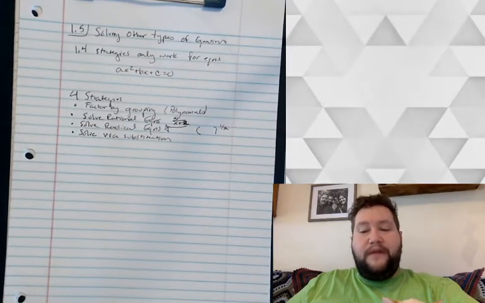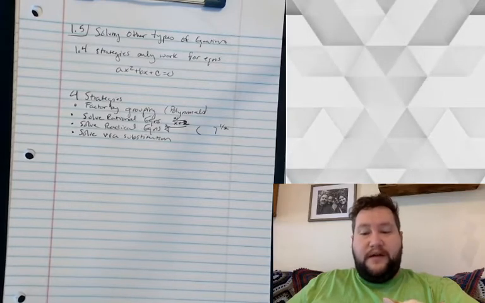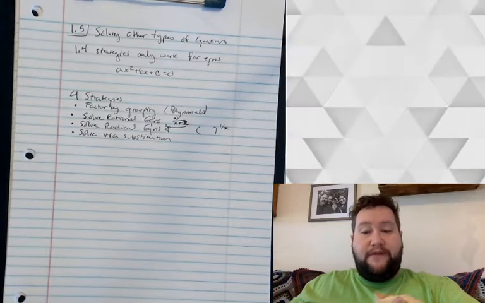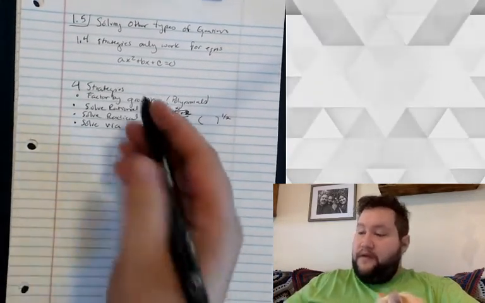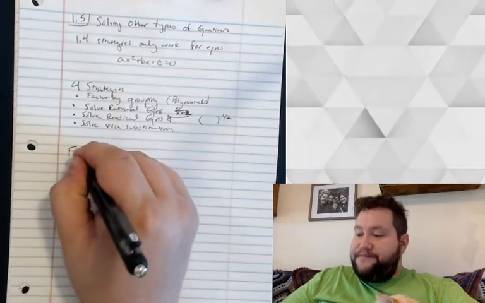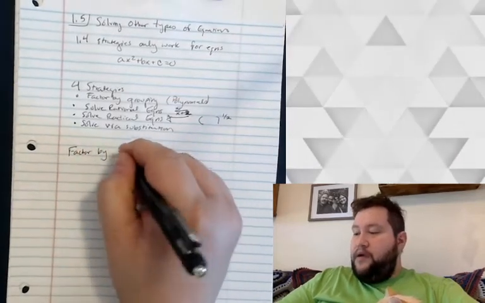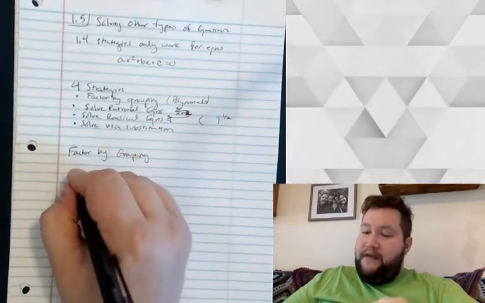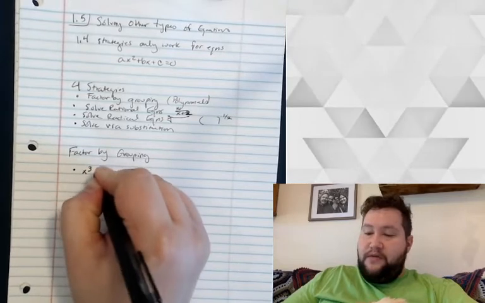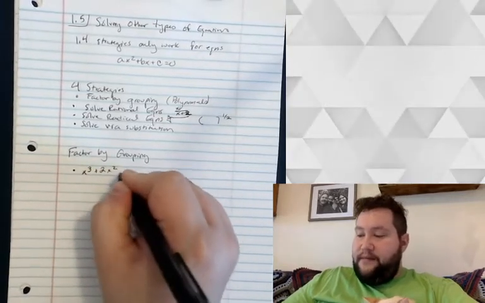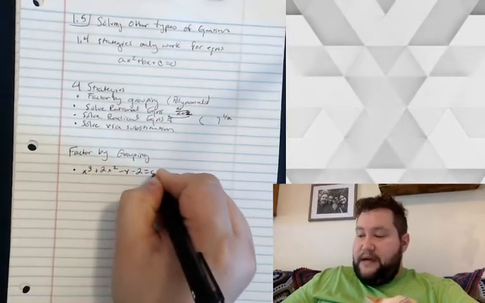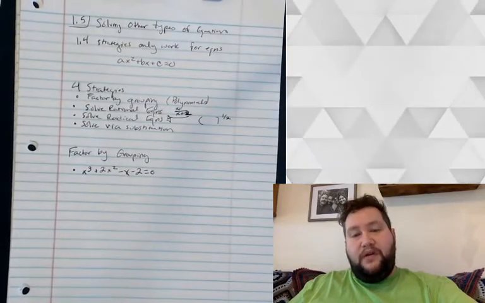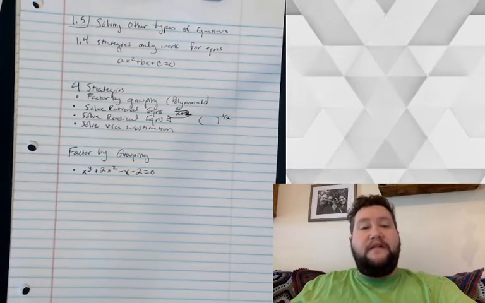But we'll start with solving by factoring, because factor by grouping is very similar to just straightforward factoring. So this first strategy is factor by grouping. And so if I have, for example, x cubed plus 2x squared minus x minus 2 equal to 0, we can't just factor this into the product of 2 terms, because this isn't a quadratic.